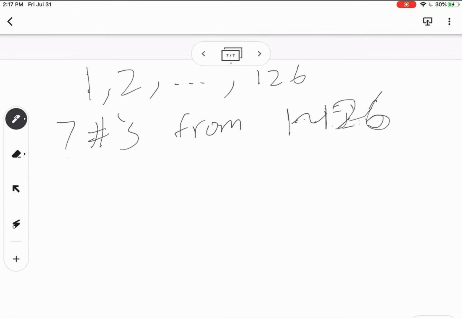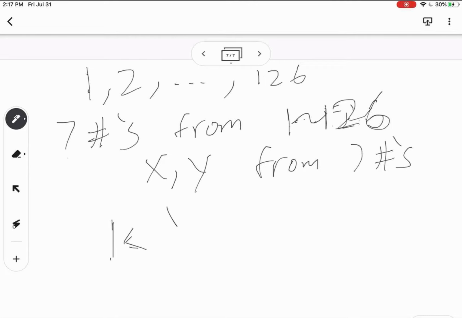And we want to show that there are 2 numbers from these 7, x and y, where 1 is less than y over x, which is less than or equal to 2.